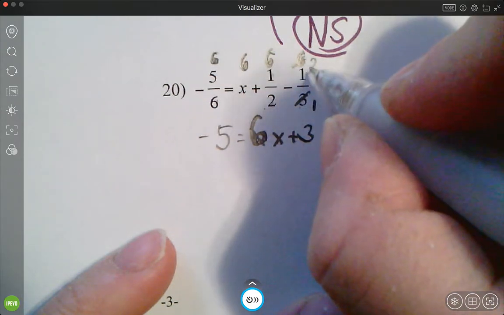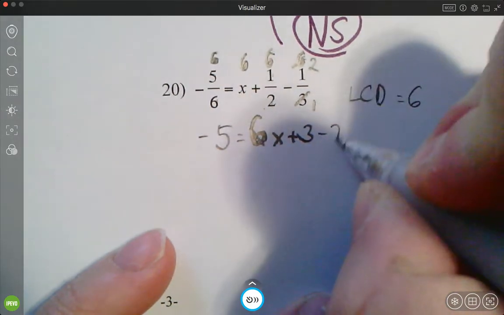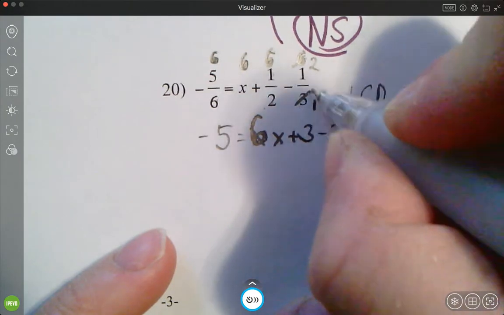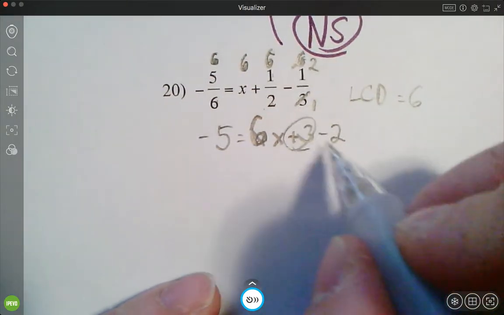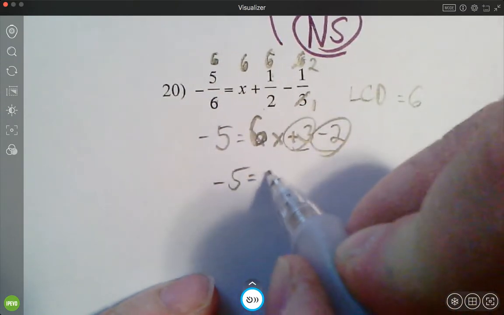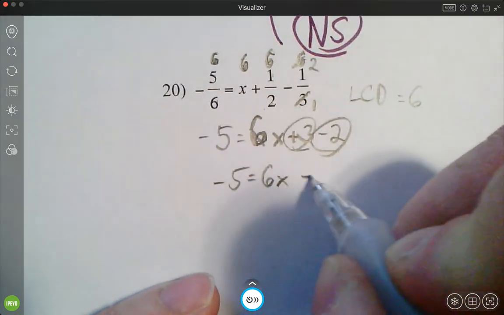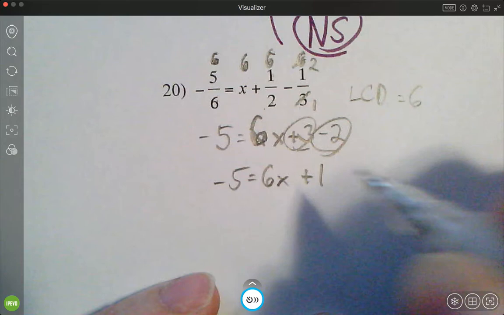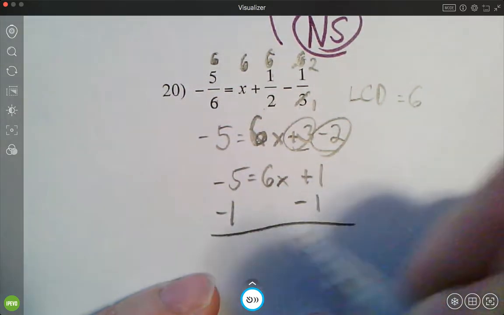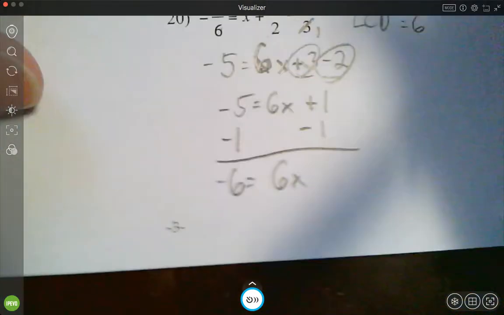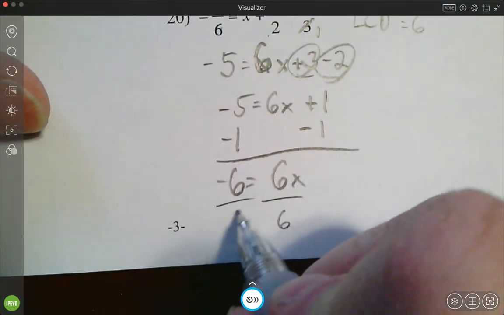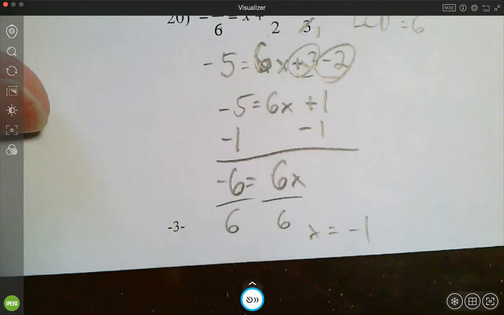This would just be minus 2 times 1 is 2, divided by 1 is just 2. So then I would combine these like terms. And then this would be plus 1. And then I would minus 1 here, minus 1 here. 6x equals negative 6. So divide each side by 6. And x equals negative 1.